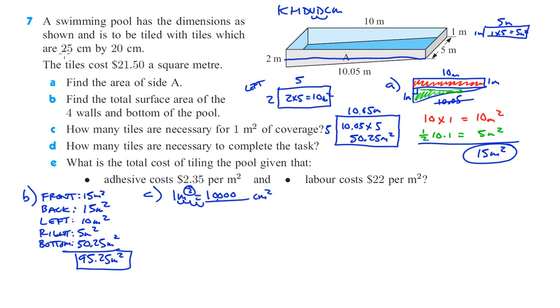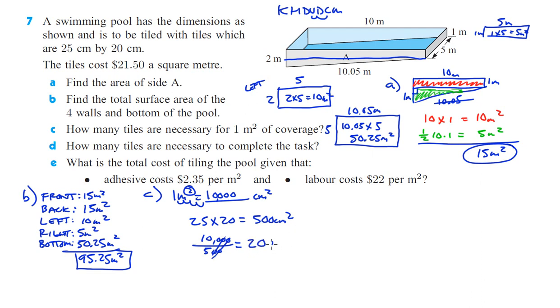Okay, so let's figure out what each one of the tiles is going to be. That's 25 by 20, and that's going to give us 500 square centimeters, right? So then we got to take 10,000 divided by 500. Those zeros go out. 100 divided into 5 is going to give us 20.